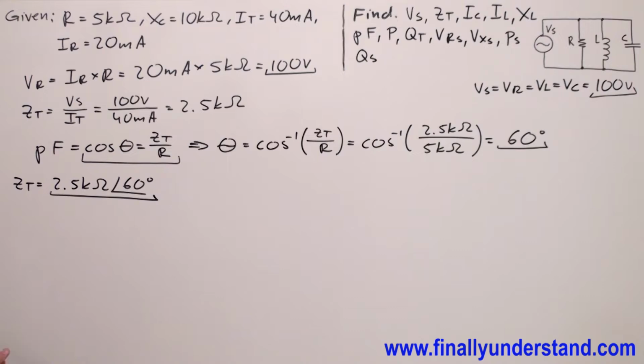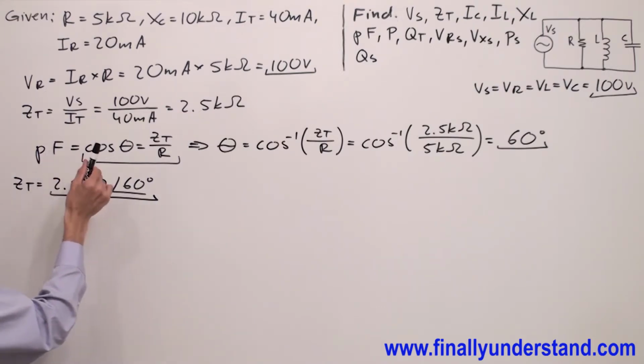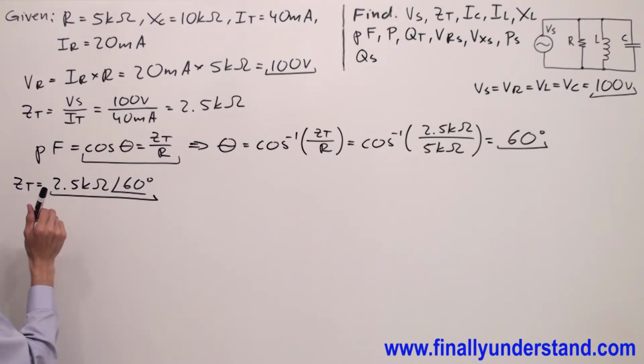Next, I'm supposed to find the current which goes through the capacitor and the current which goes through the inductor. So we have found the voltage source, which is also equal to the voltage across the capacitor, and we have X of C given. That's why I can very easily find IC.